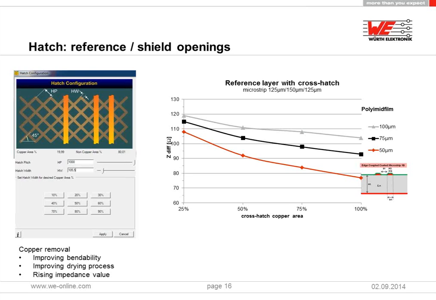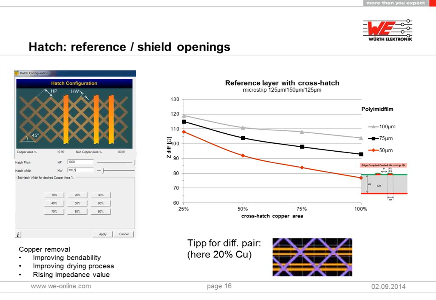Besides, the effect of using hedged reference layers is also that it improves the bendability, which is often very important for flex rigid, and also it improves the drying process prior to the soldering process. So these are also two other very important effects.